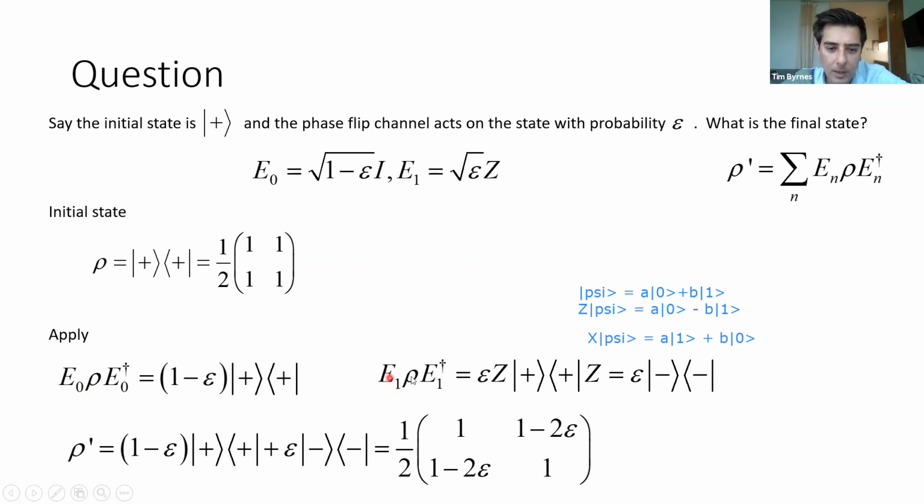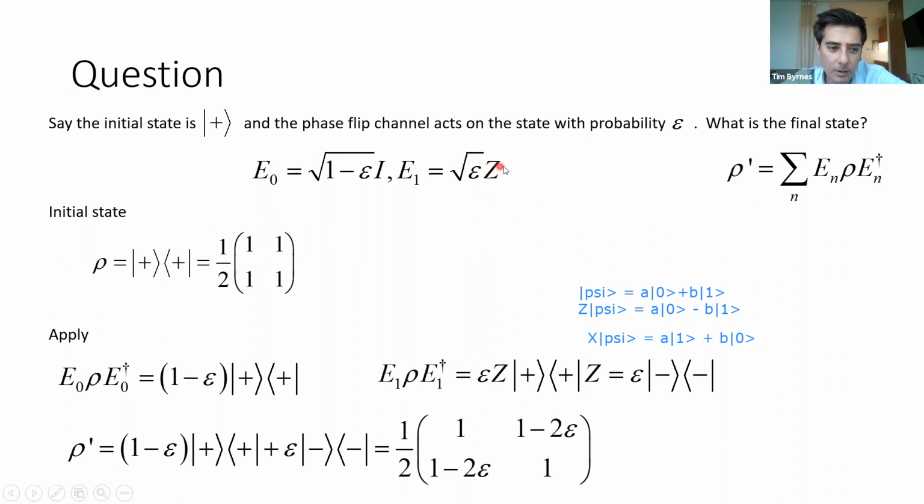And then E1 rho E1 dagger, we'll get 2 factors of the square root of epsilon, so that'll give the epsilon. Basically, that gives the probability factor of the error occurring. And then it's just the density matrix of the state with the error.